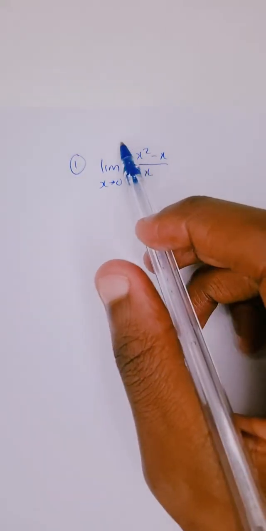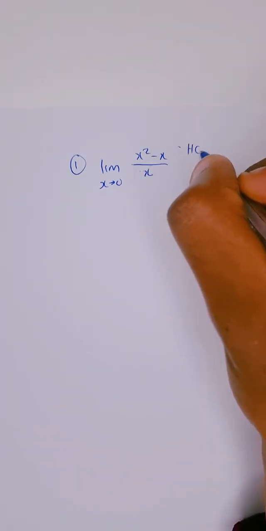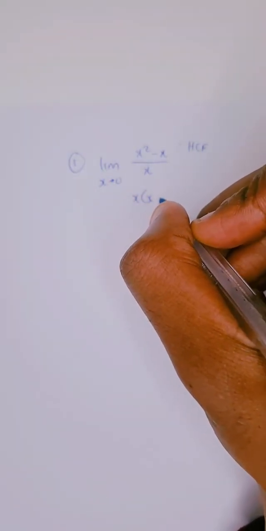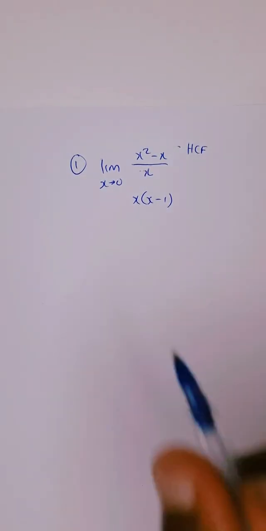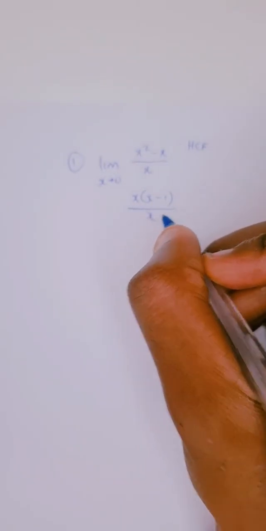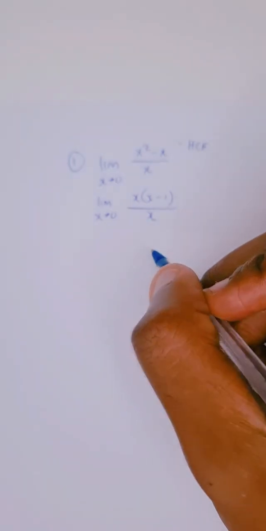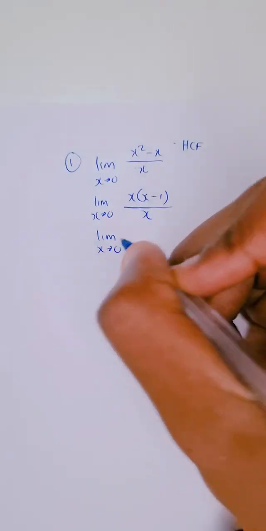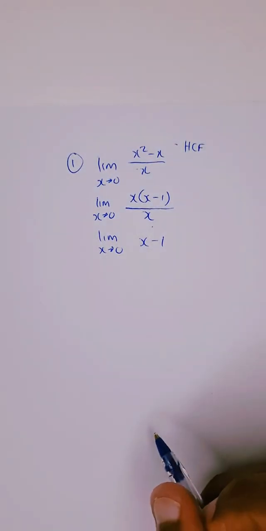Alright, so here we can see at the top factorization is possible. What type of factorization? Highest common factor. So we take out the highest common factor x. That leaves us with x times x minus 1 over x. Then we keep the limit, we cancel, that leaves us with x minus 1.